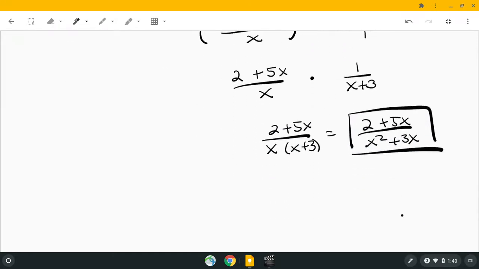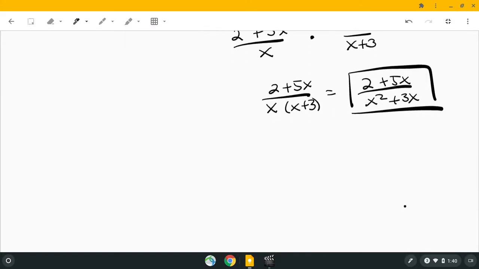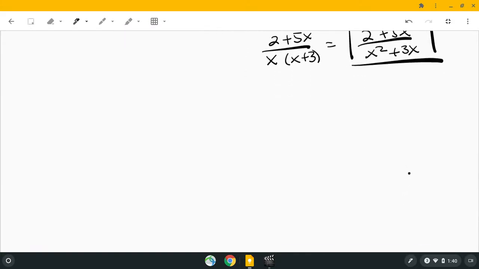Here's method number 2. Normally, I teach method number 2 only, but some students really love method 1 using division. I love method 2.